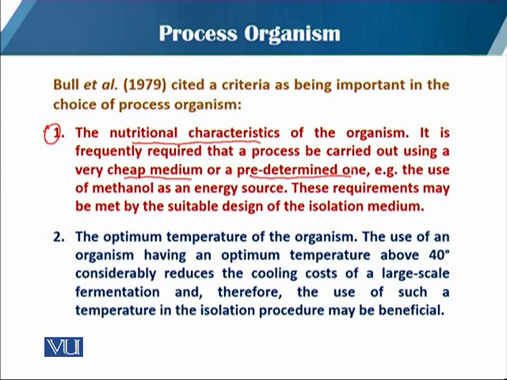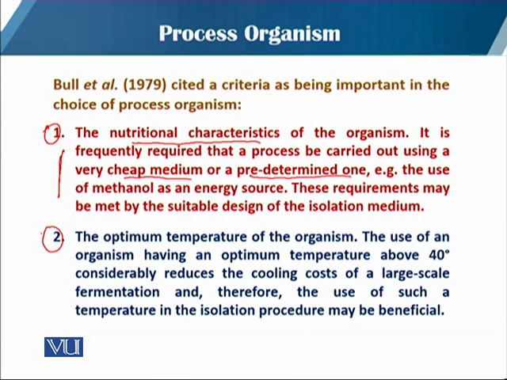These requirements may be met by suitable design of the isolation medium. As we have discussed in previous modules, media components and media formulation are a major part of the whole fermentation process and its economics. So we have to select an organism which uses a very cheap medium.